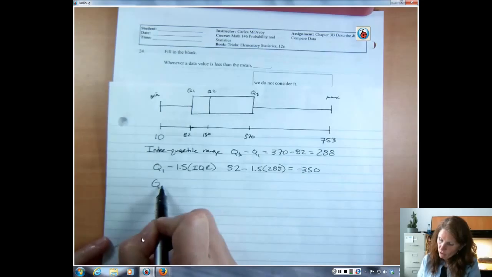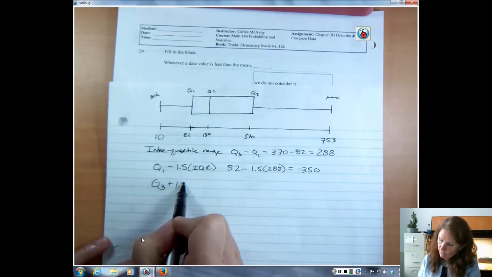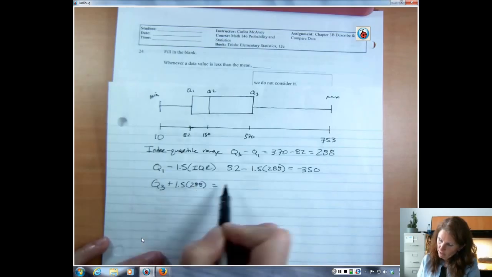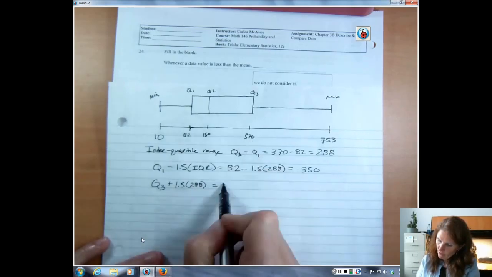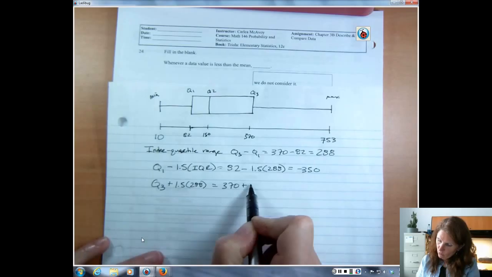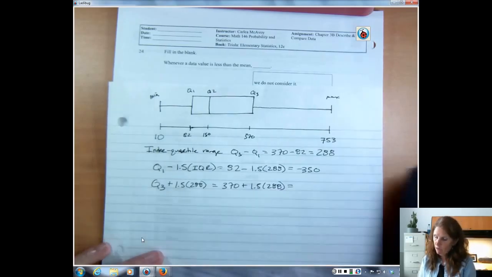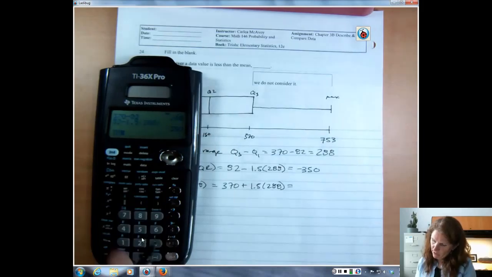Now my third quartile plus 1.5 times 288. That means I would have 370 plus 1.5 times 288. And that would be the maximum allowable value before I would say that I had an outlier. And that's 802.